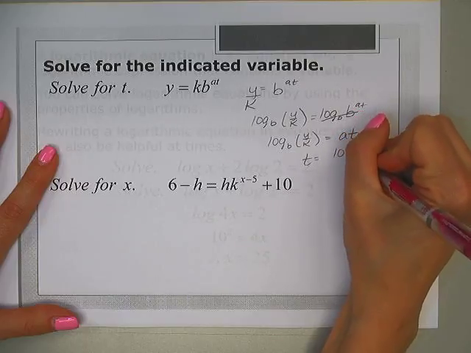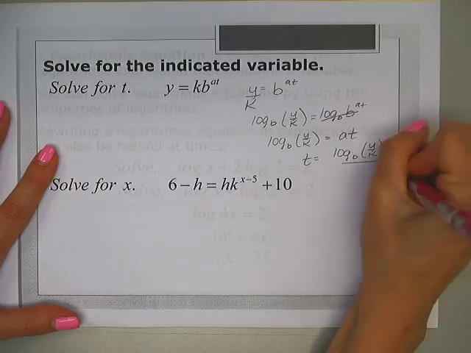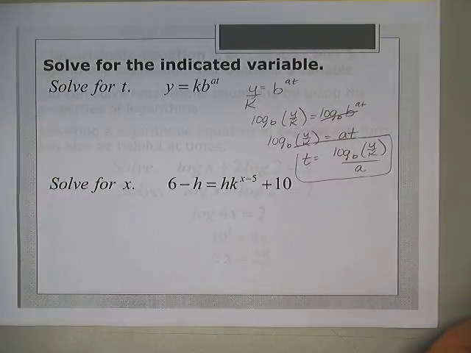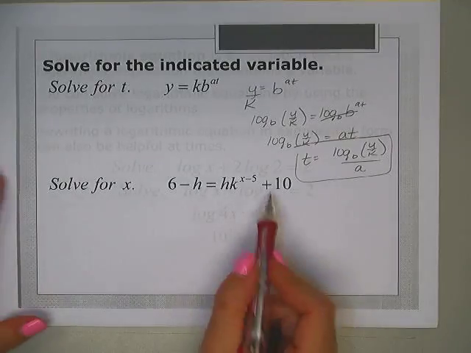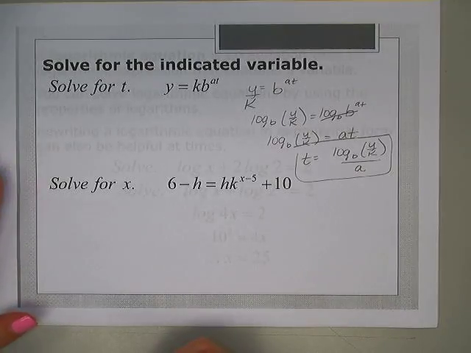Again, those cancel out. Therefore, log base b of y over k equals a times t. Dividing by a will isolate t. Therefore, t equals log base b of quantity y over k all over a.